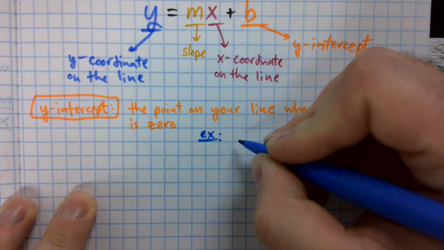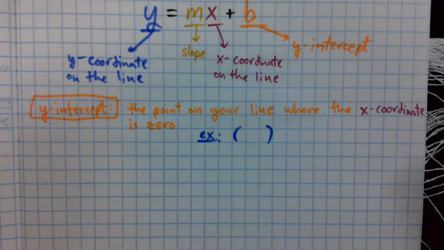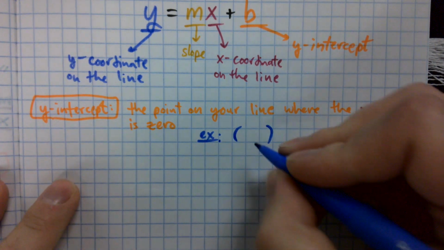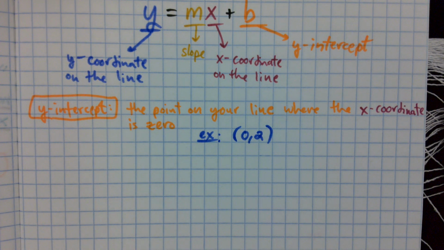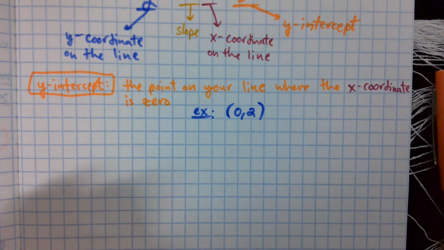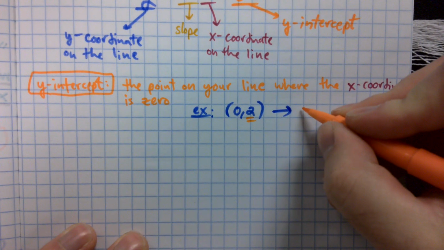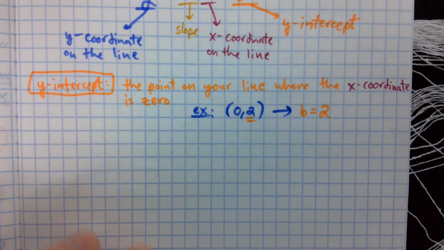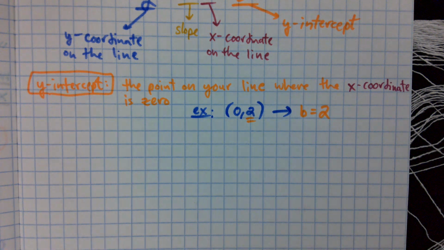For example, if we have the point (0, 2), this tells us that b is equal to 2 right away because our x-coordinate is 0.